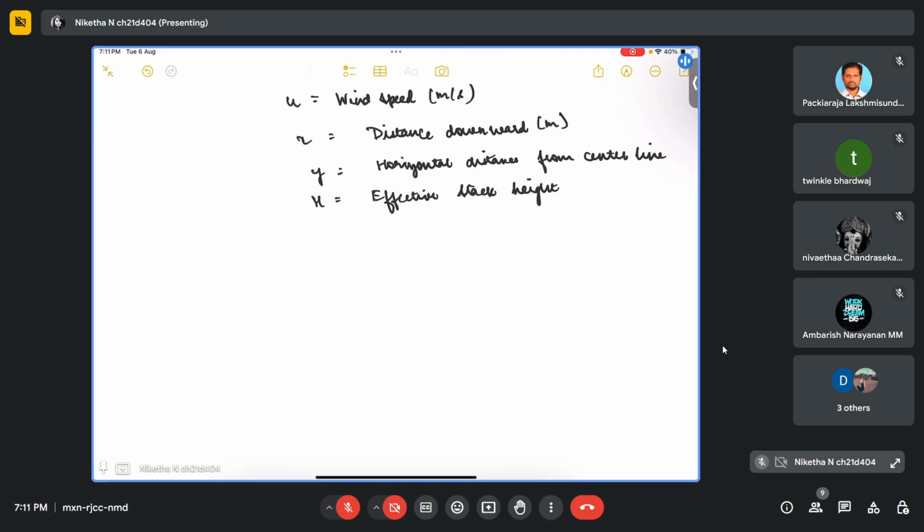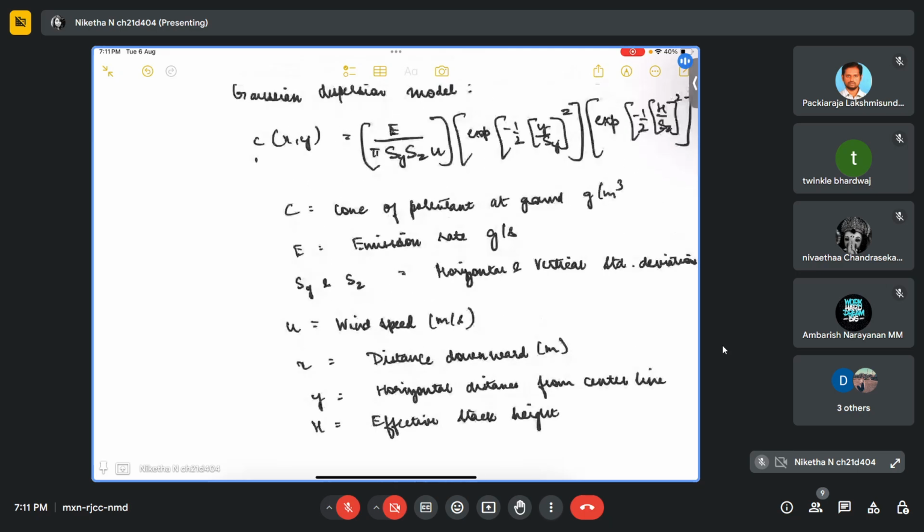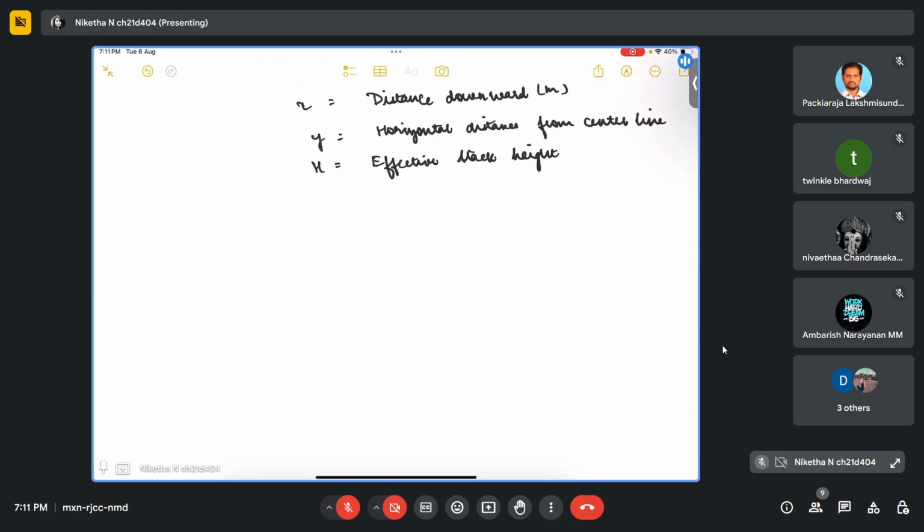Okay, so when we are using this formula, we need to use the effective stack height H. So do you all know what is a stack? Okay, stack is from where the pollutants are dispersed, especially the air pollutants.